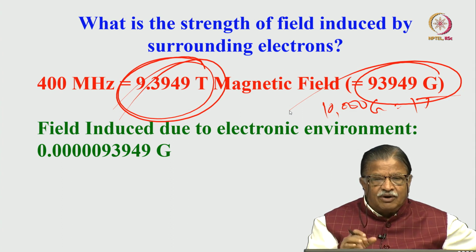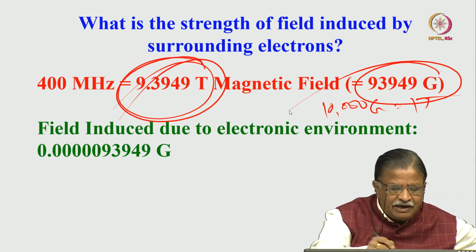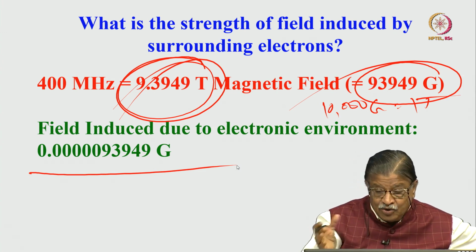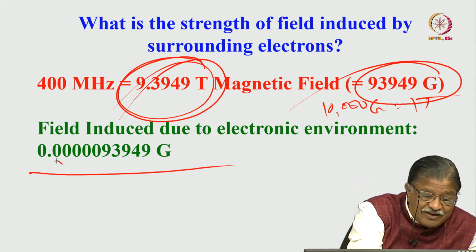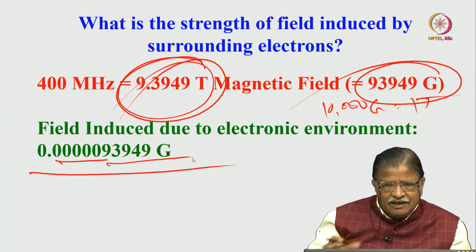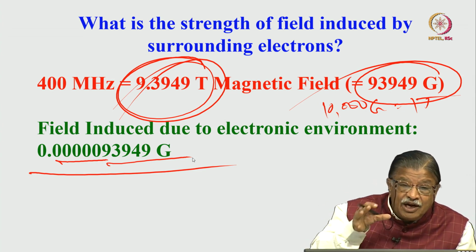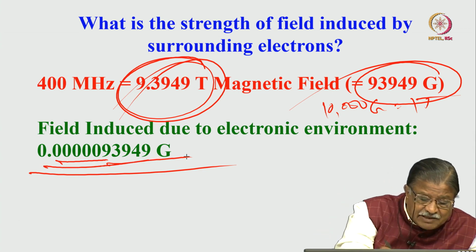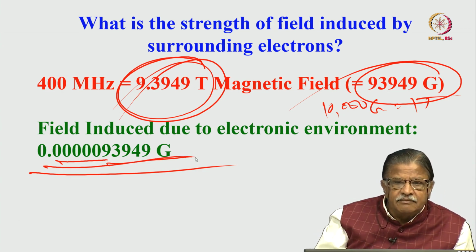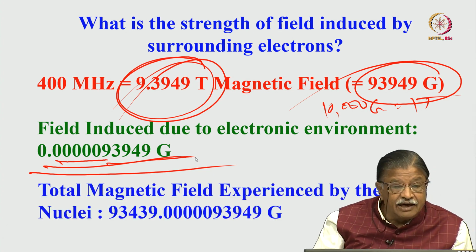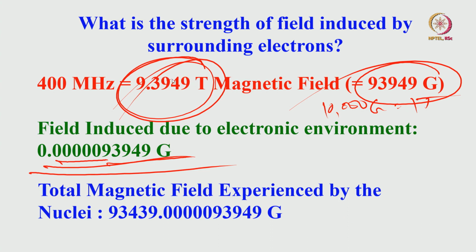The field induced due to the electronic environment is this one. It is not a huge number, 0.5, some number I have written, a very small value. The field induced due to the electronic environment is much smaller. But what is the total field seen by the nucleus? It is this 93949 Gauss plus the induced field, which is very small.